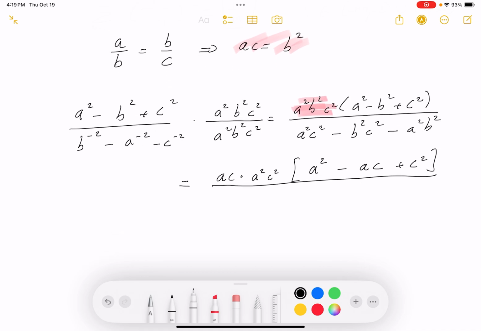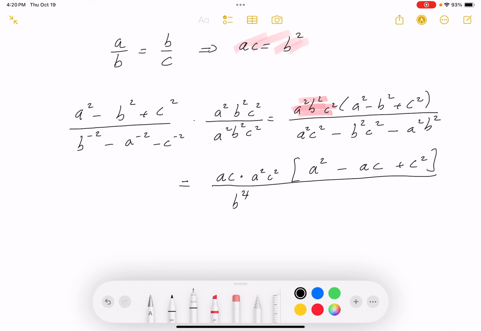Let's see, A squared C squared. Let me write that down. I guess I could write B squared down, and I think I am going to write down B squared. Because A squared C squared, that's B to the fourth. What am I saying? B to the fourth, right?